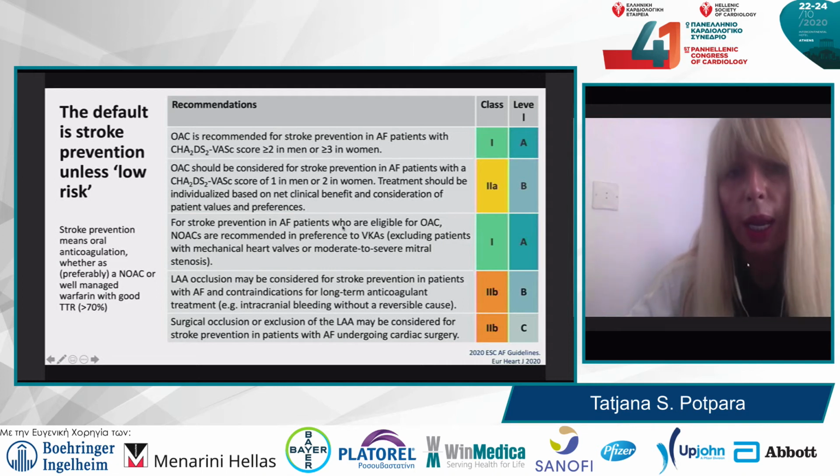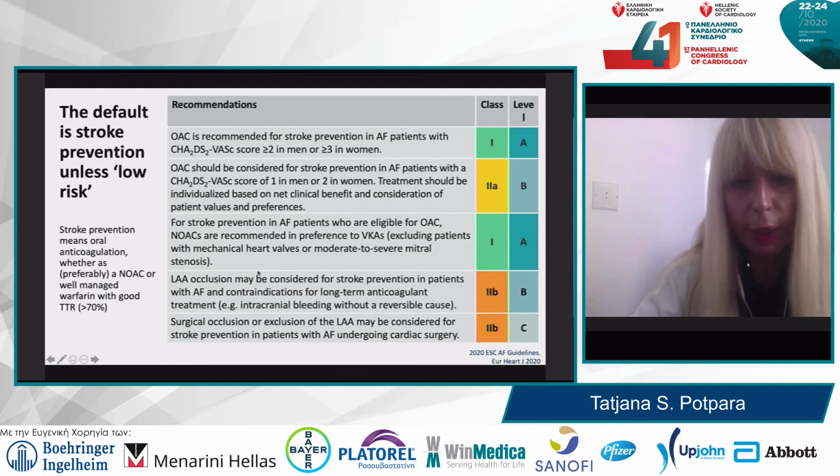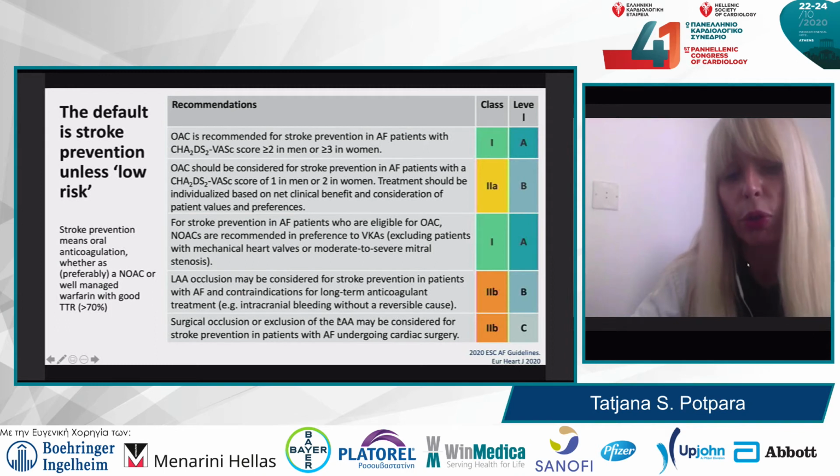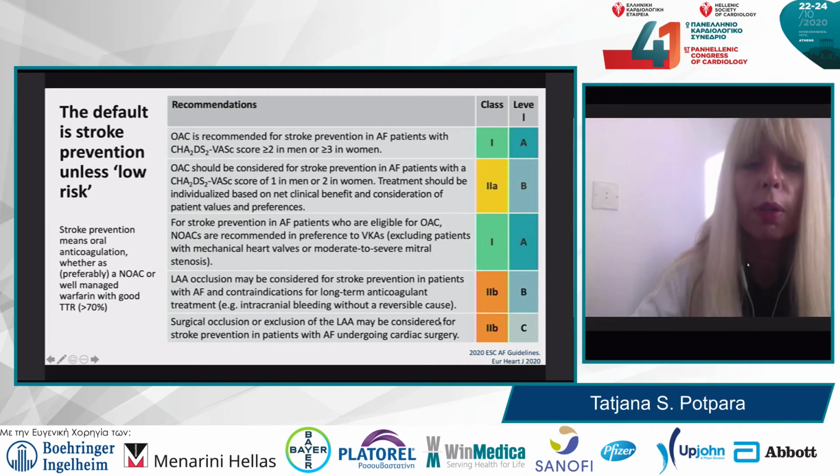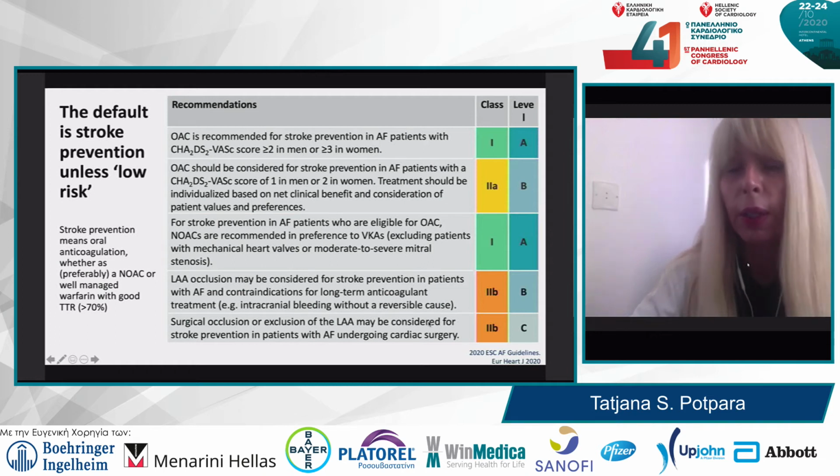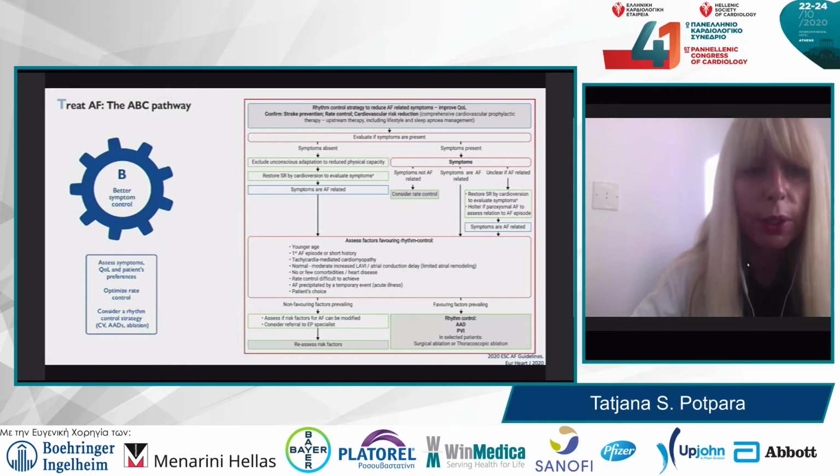Wherever patients are eligible, NOACs should be preferred over vitamin K antagonists because there are numerous advantages, whereas left atrial appendage occlusion or surgical occlusion or exclusion should be reserved, the former for patients with absolute contraindications to oral anticoagulant therapy, and the latter for patients undergoing some other cardiac surgery.